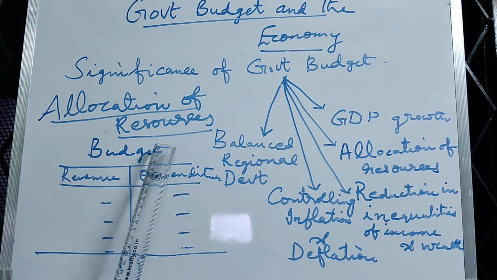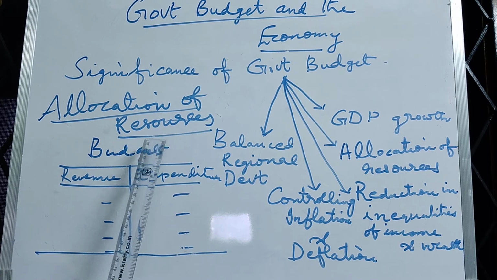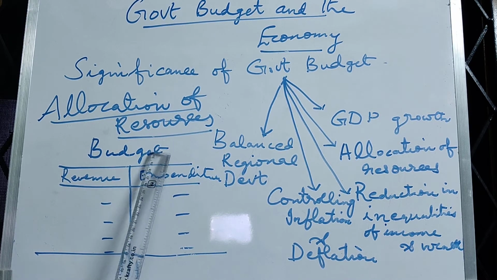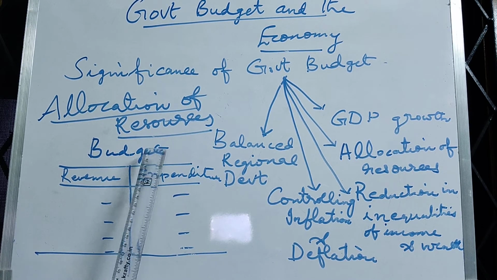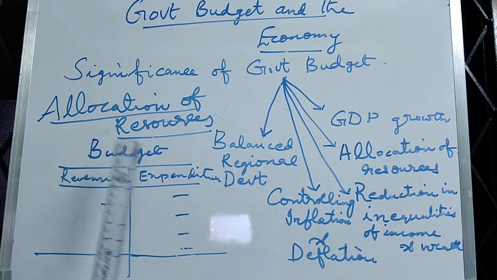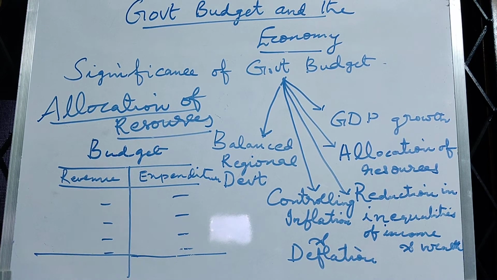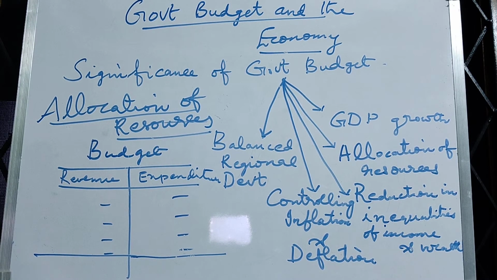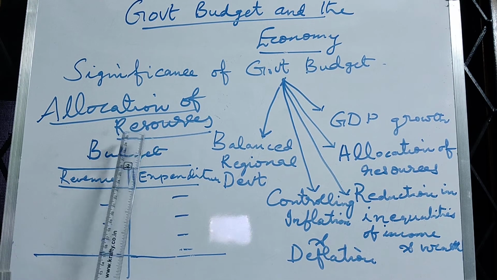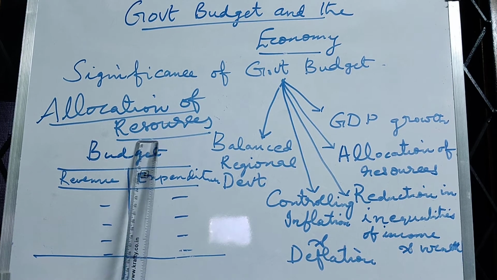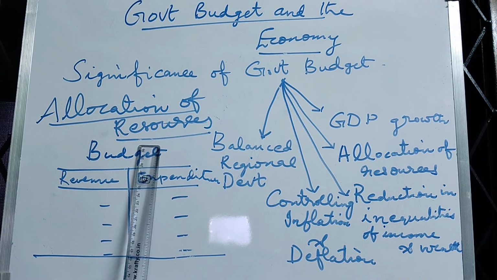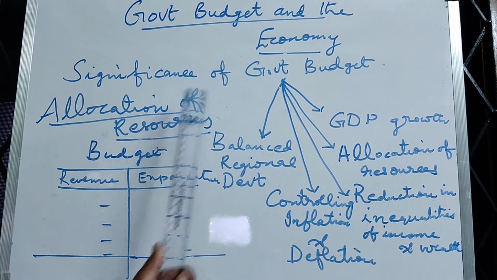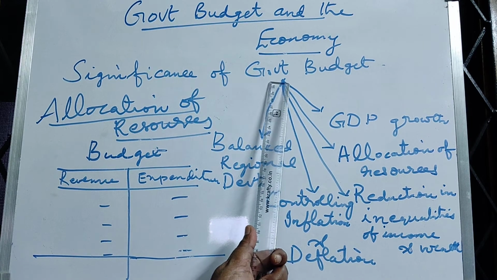Every economy in the world has different resources. As far as India is concerned, India is endowed with many natural resources and human resources. So, in order to use these resources in a proper manner, without wasting them, budget preparation is important.